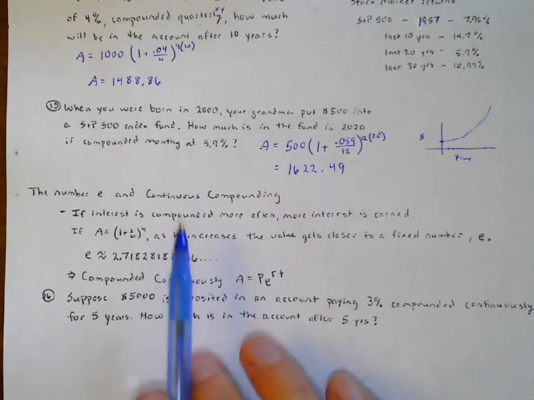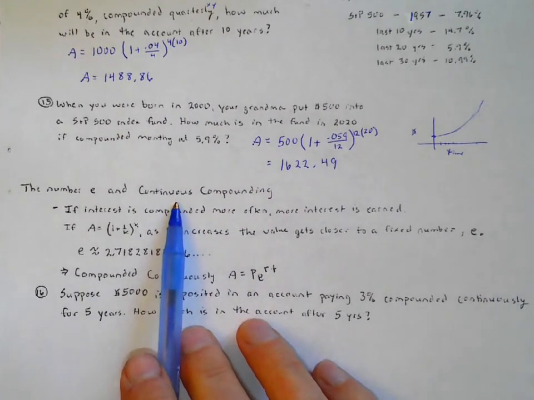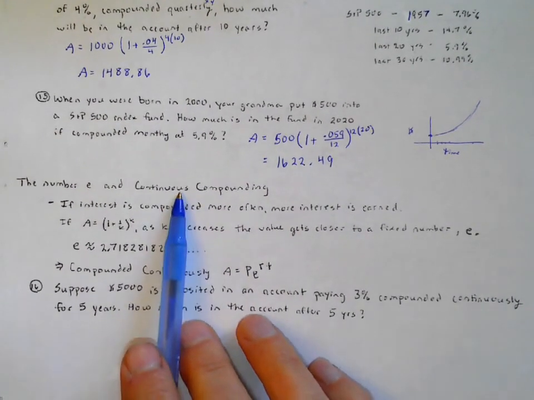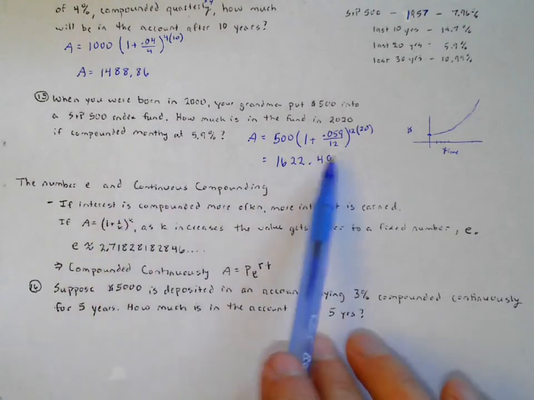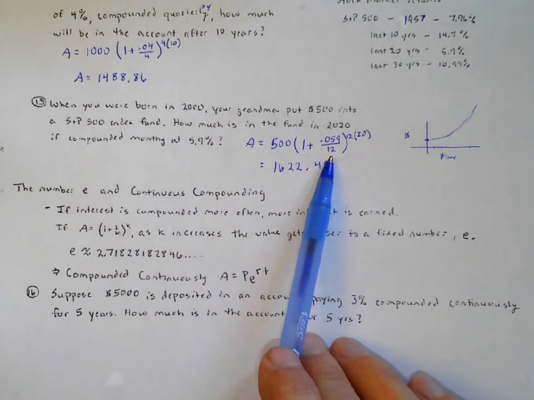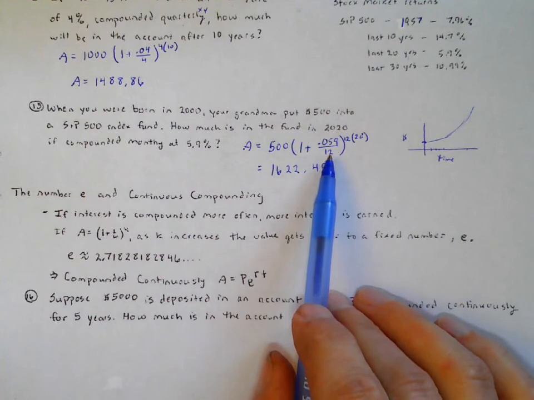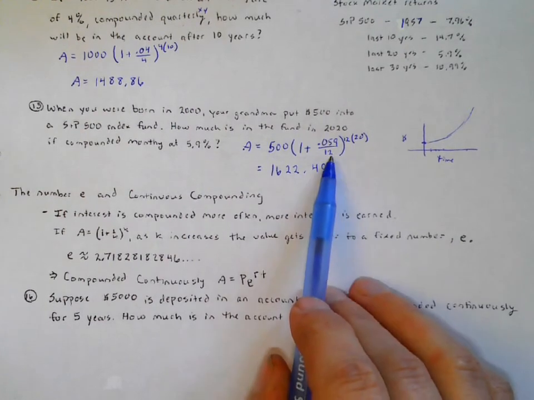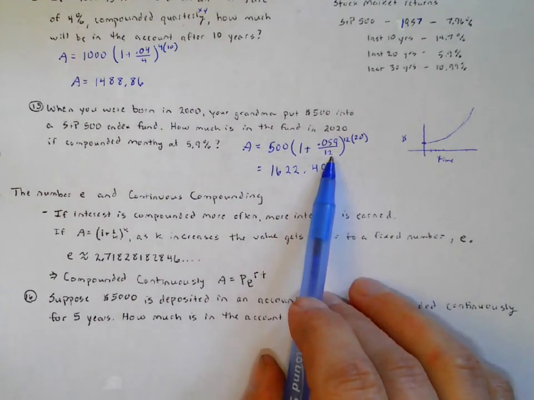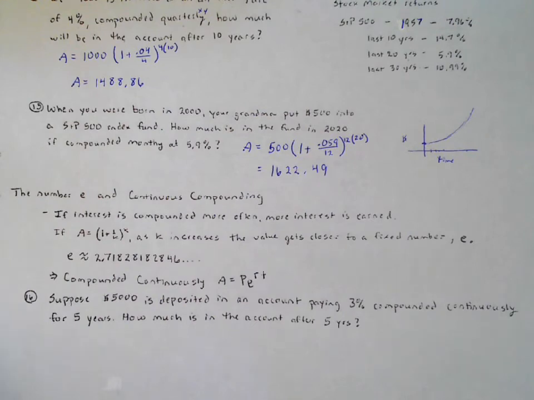So another thing, compounded continuously. Now this doesn't happen too much in the real world, but the more you compound it, the more interest you earn. So if I compounded it once a year versus quarterly, 4 times a year, versus monthly versus daily even. Like for example, if I put 365 into this equation, I'll put it in the calculator here real quick.